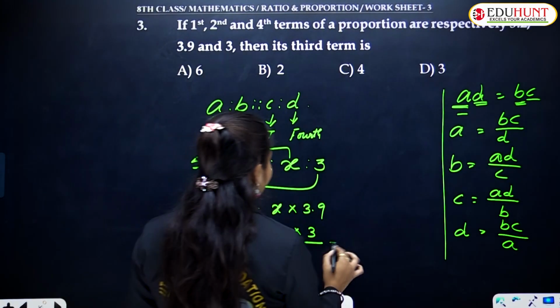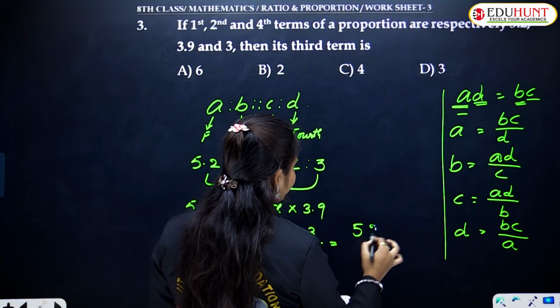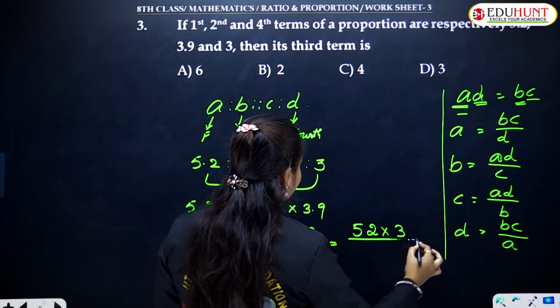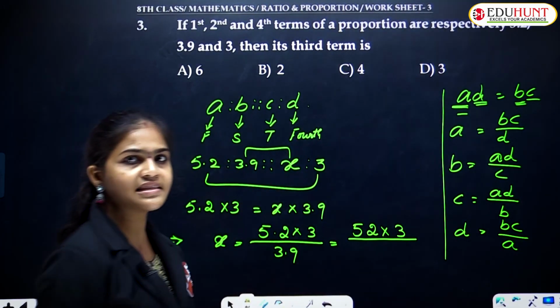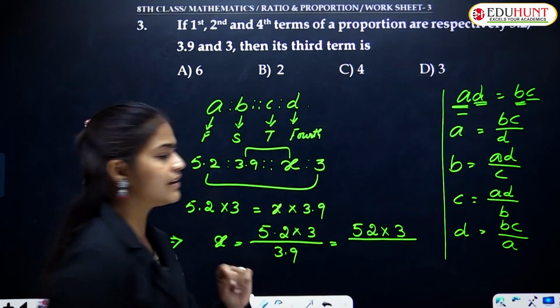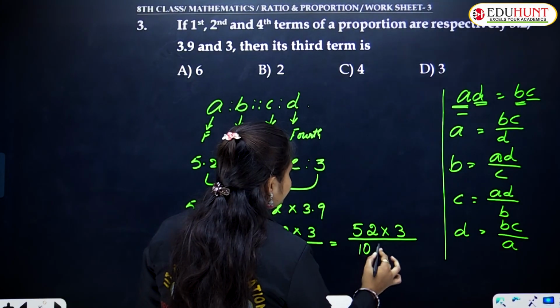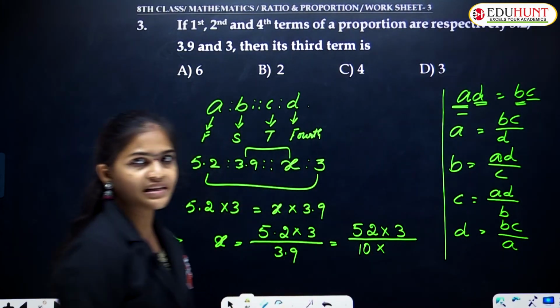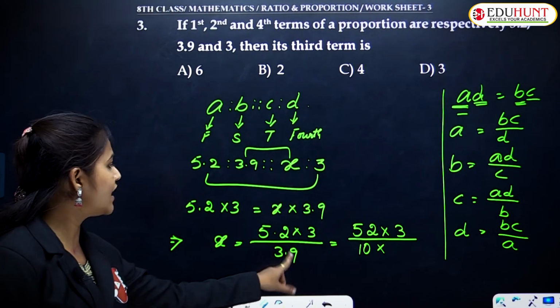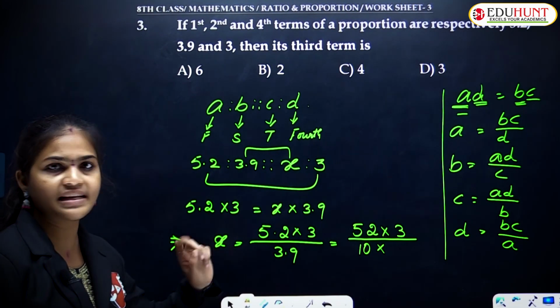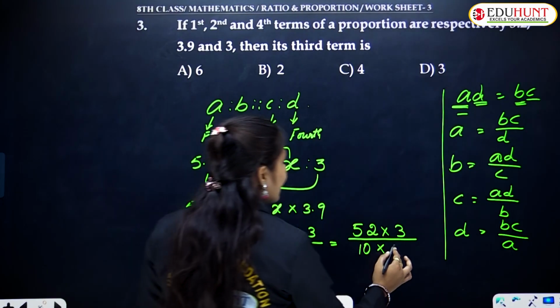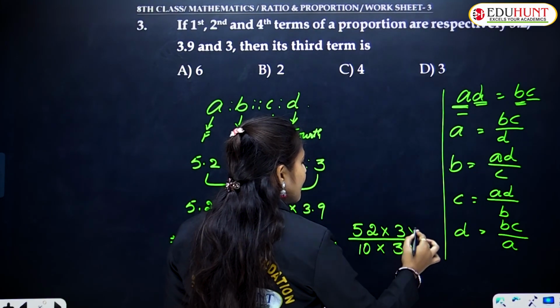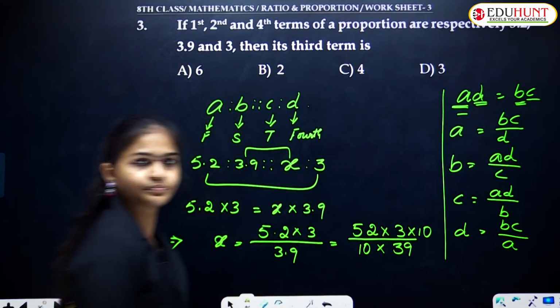So children, here first remove the decimal points. 52 into 3 by 10. Here point after how many digits are there? Only one digit is there. So that's why by 10. Into here also a decimal number is there, 3.9. Point after how many digits? Only one digit is there. So that's why 39 by 10. So that one only becomes a reciprocal.